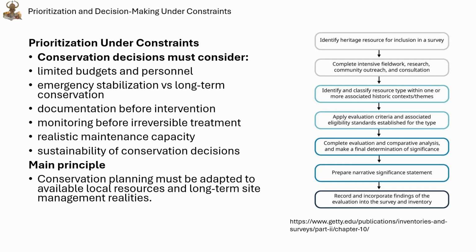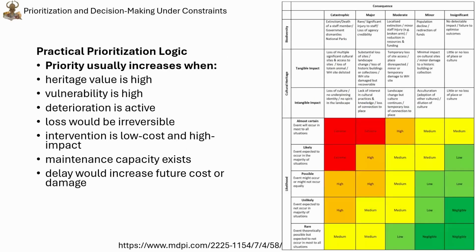And most important, a conservation decision is not sustainable if it cannot be maintained. A technically impressive intervention that cannot be monitored, repaired, or managed may fail in the long term.